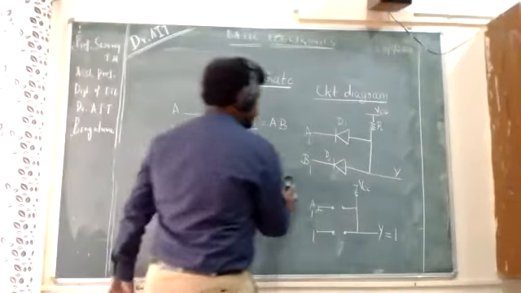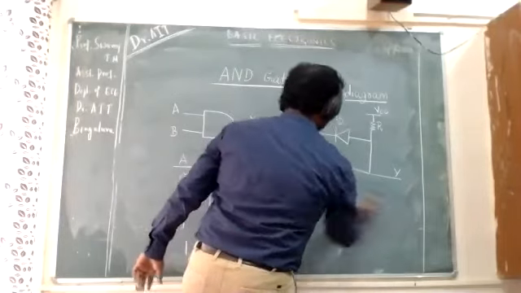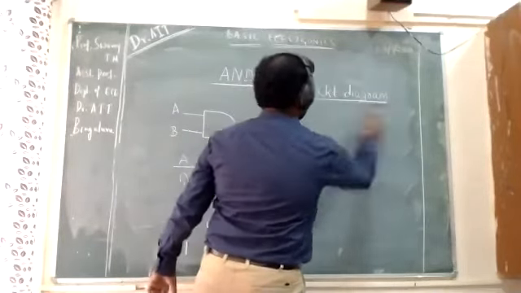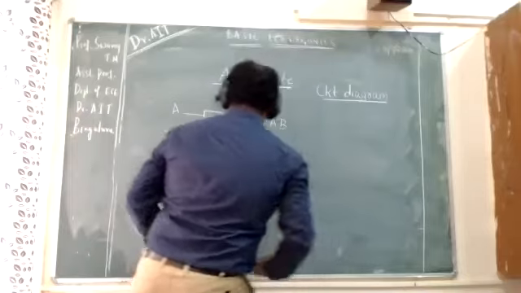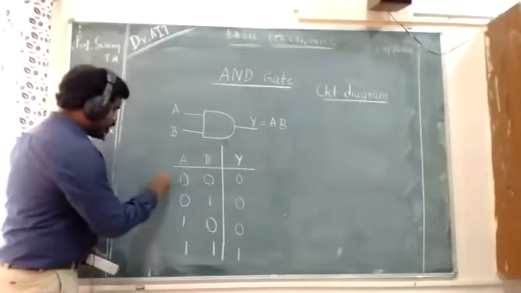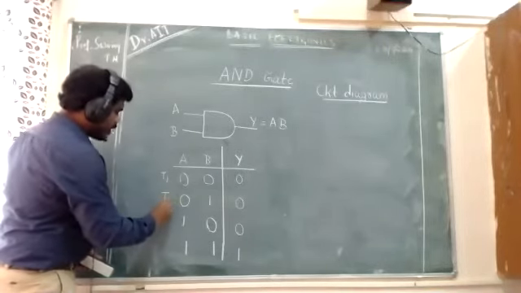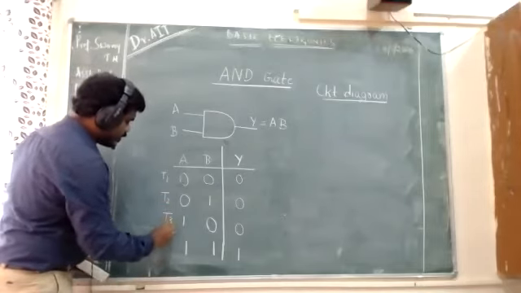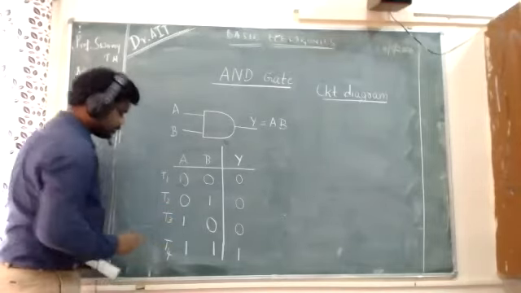Now we will try to understand this using a timing diagram. Let me assume that this is time 1, this is time 2, this is time 3, and this is time 4.